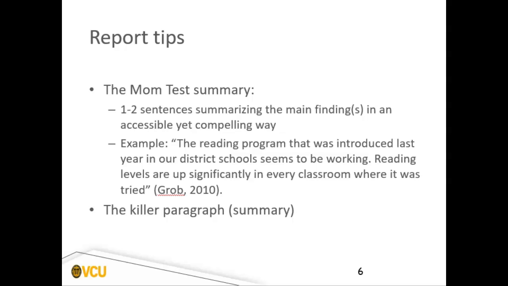An equivalent of the MOM test summary in writing is a killer paragraph. It's the first paragraph that typically appears in a memo or the email delivering the evaluation report to a stakeholder. It should concisely summarize the key findings in a compelling way. It should grab the attention of a reader so that he or she would go on to read the entire report.